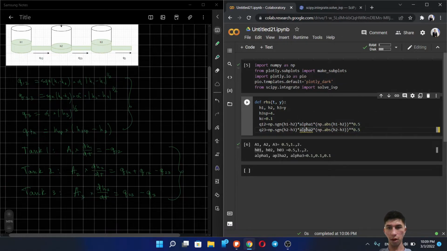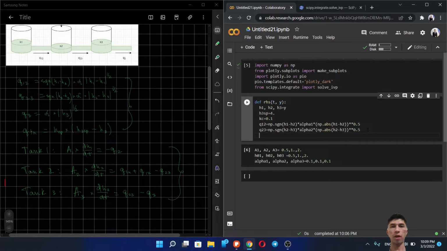Here we have an error because of a mistyping. Now it looks good. Then for our third equation, the flow out of the third tank, we have alpha 3 times H3 to the power of 0.5.